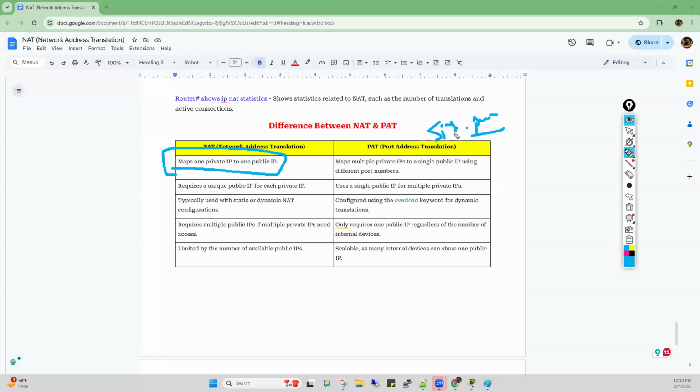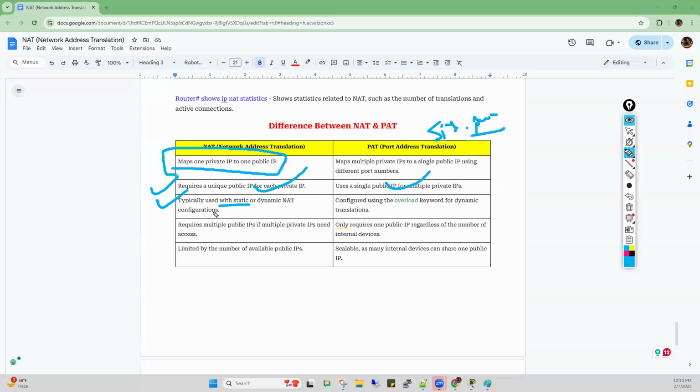So if you are using ports, you do not need multiple public IP addresses. Second, NAT requires a unique public IP address for every private IP address. For every conversion, you need one unique public IP address. Clear? Yes or no? But if you are using PAT and you have only one public IP address, you can perform translation with the help of PAT. Clear, guys?